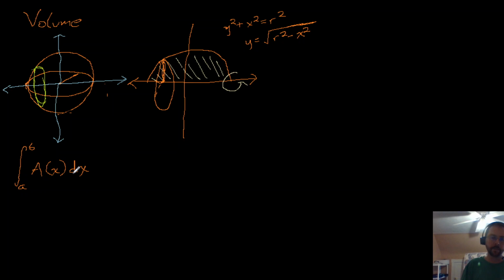So area times dx is actually volume. This formula is giving us the volume of the thin slices, and the integral is telling us to add up infinitely many of those infinitesimally small slices together, going from a, which is here, to b, which is here.